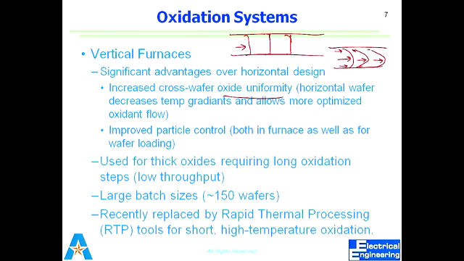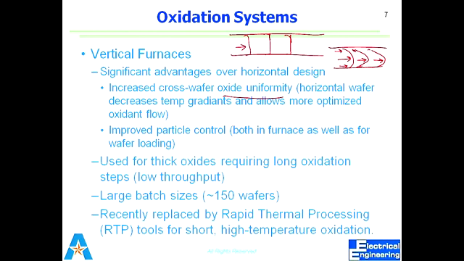Due to the automation of the vertical system, it's a more contamination-controlled process. Because you are not taking it out of the system, you're not exposing it to the air, so there are fewer chances of impurities or particles on the wafer. Due to that automation, there is better control of particles and contamination in the vertical furnace.